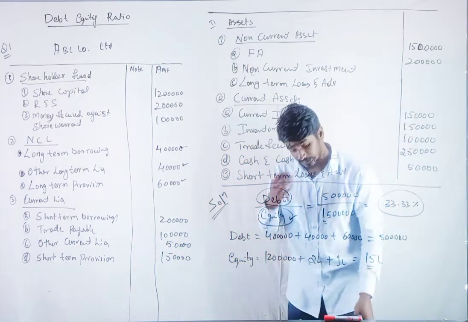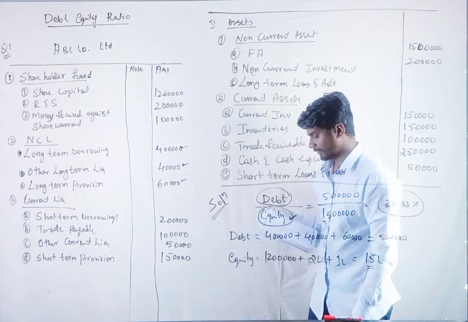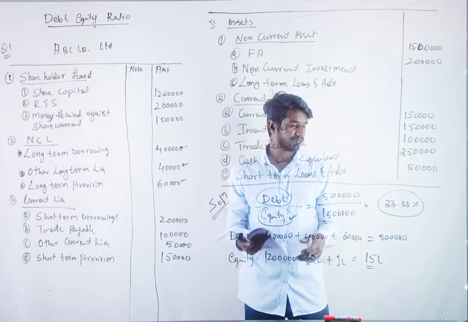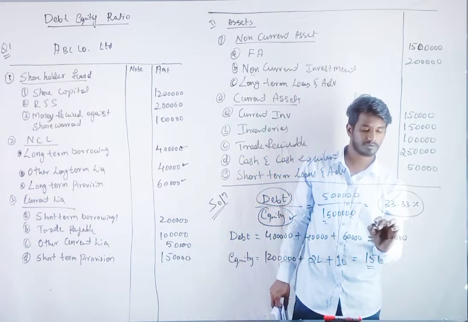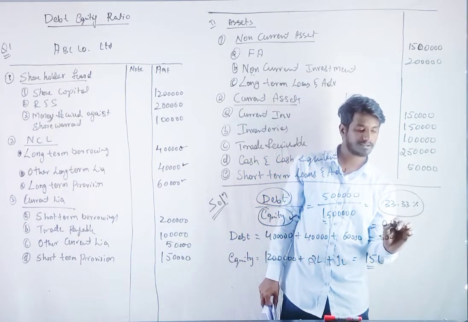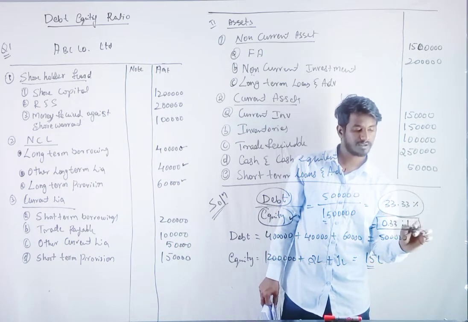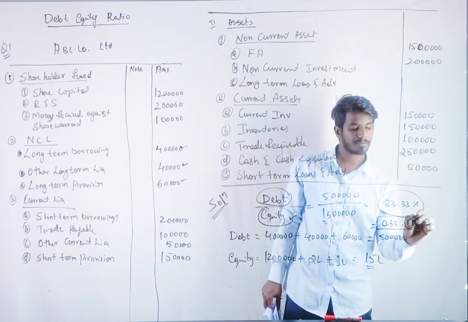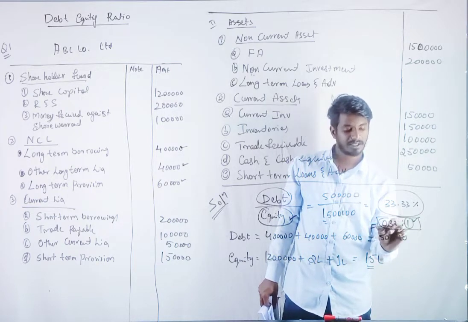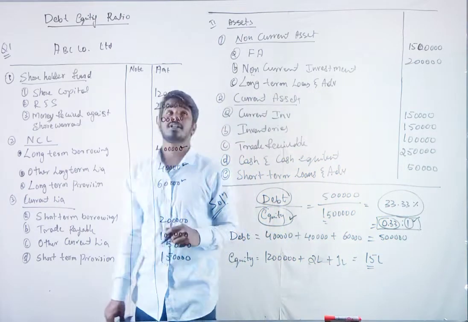Completely all right. If you want to write it in ratio, you can write 0.33:1. If your owner's capital is 1 rupee, the debt is 0.33 rupees. That's it. The question is done.